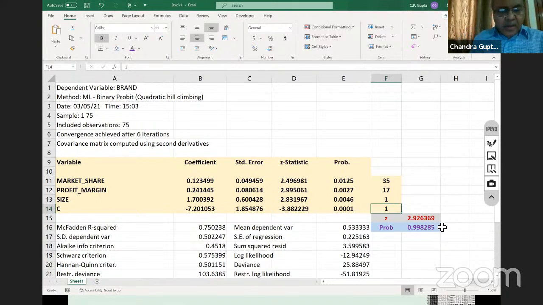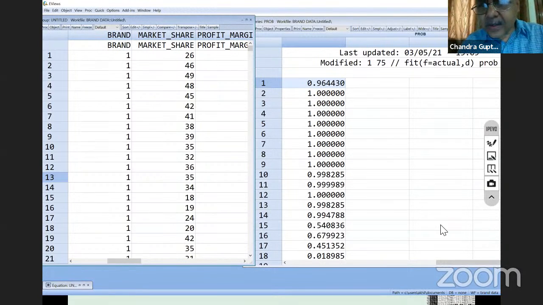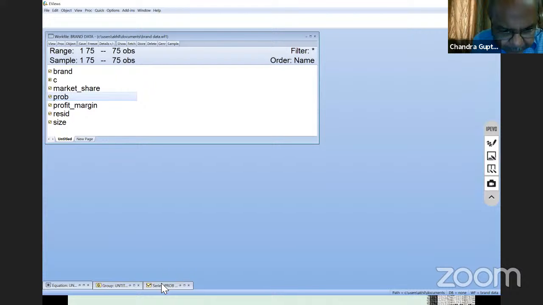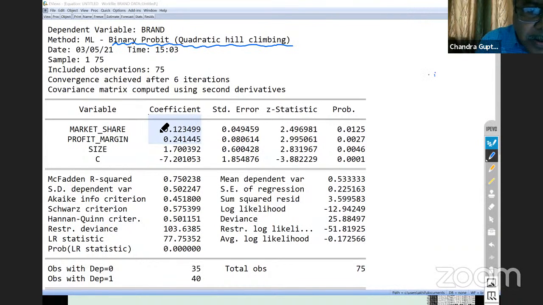Okay. Another thing which I should discuss, and that's about the marginal analysis. These are positive numbers. What does it mean?